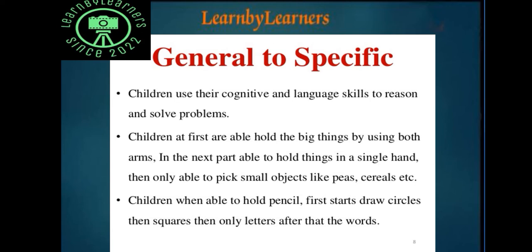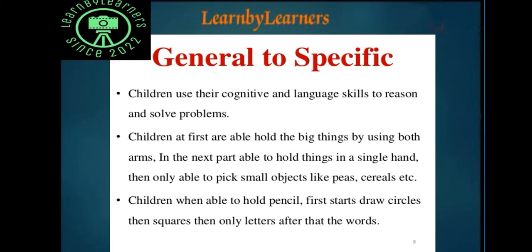They also use language skill, like you ask some questions, and he or she will reply in a particular language, in Hindi or mother tongue, or in English also. Whatever comes into his or her cognition, he or she will reply, right?